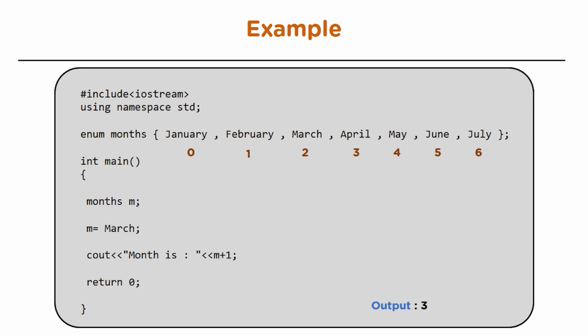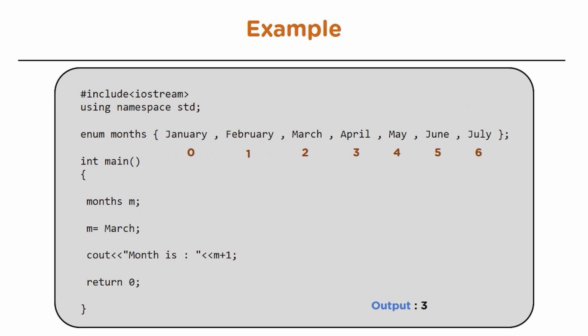Now, let's have a look at an example in which we will print the default value of months. So in this example, we have the enum name as months and enumerated values as January, February, March and so on. And in order to access these values, we have written the enumeration name and after that the variable. As we can see inside the main function, m is the variable and its type is months.